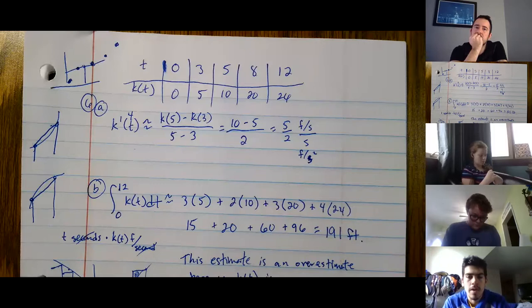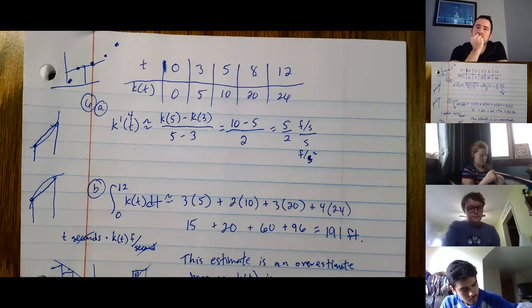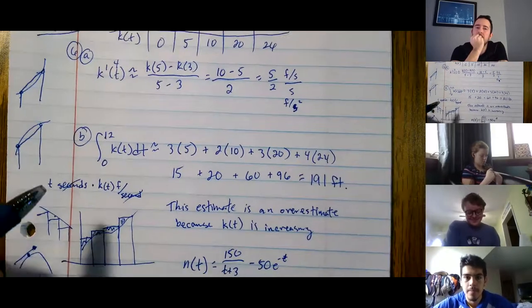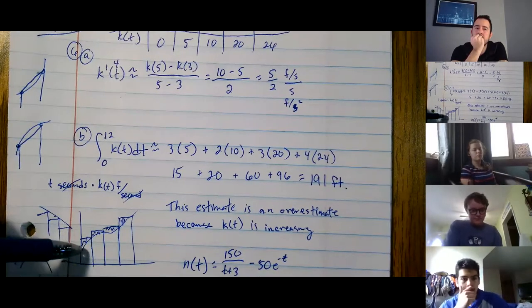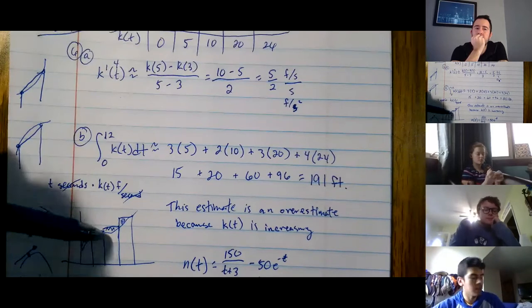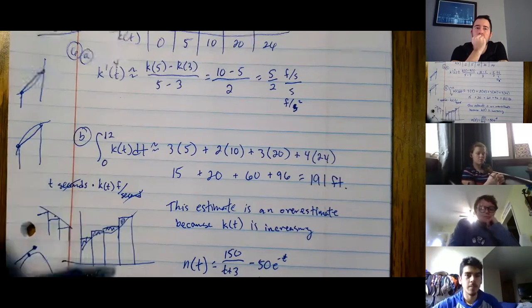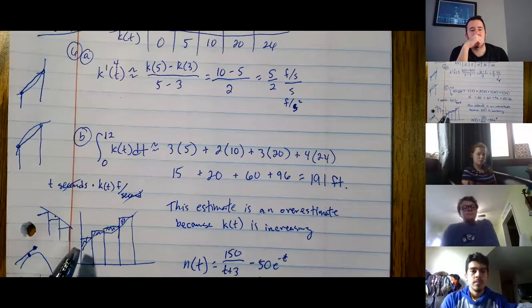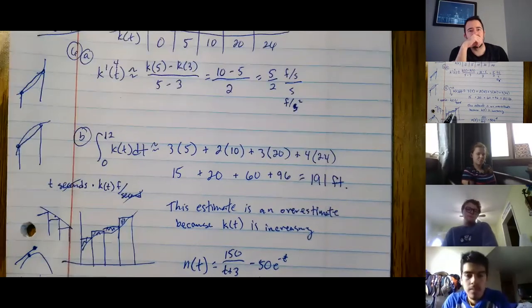You don't know that k is concave up or concave down. Actually, in the picture that I drew, I did draw part of it that was concave down, and it looks like it's concave up there. So it doesn't actually matter for a right Riemann sum. It doesn't matter if it's concave up or concave down. It's still going to be an overestimate.